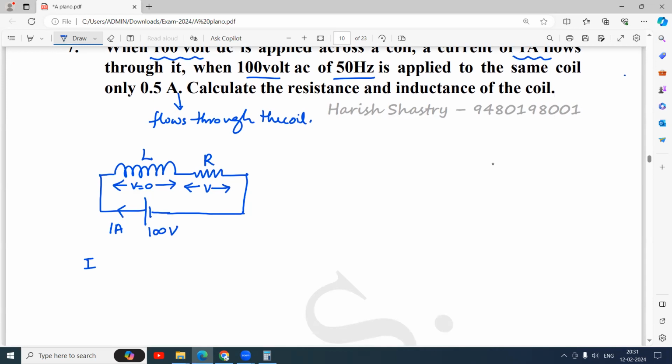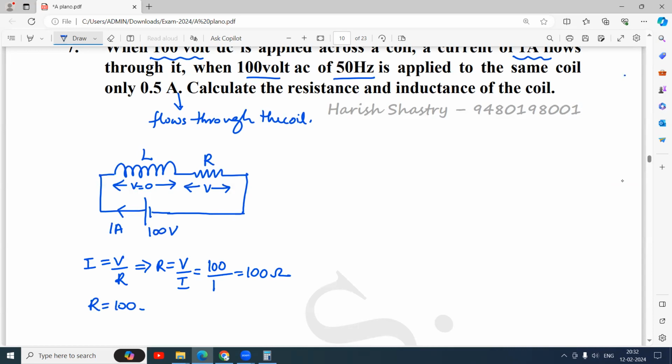So R is equal to V by I. When 100 volt is applied, 1 ampere flows, so the resistance is 100 ohm.